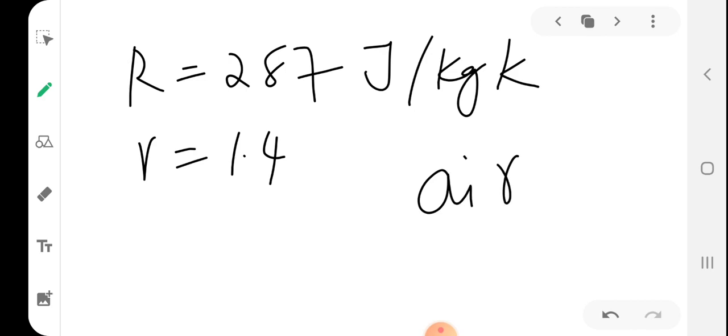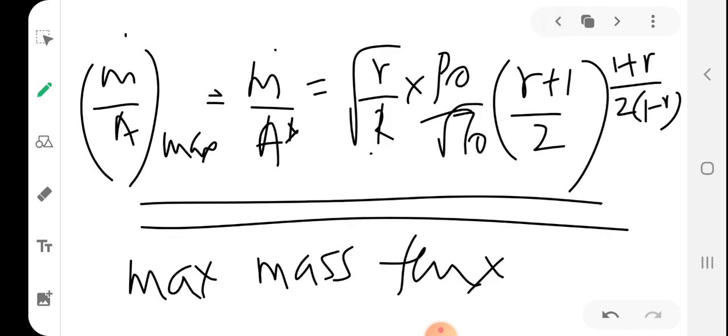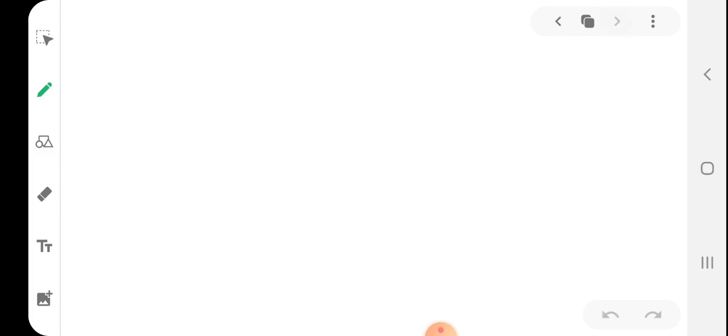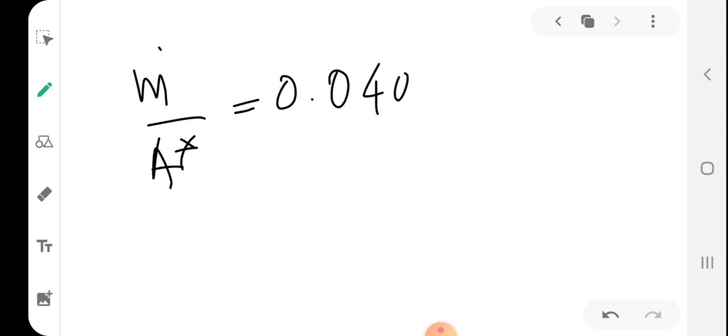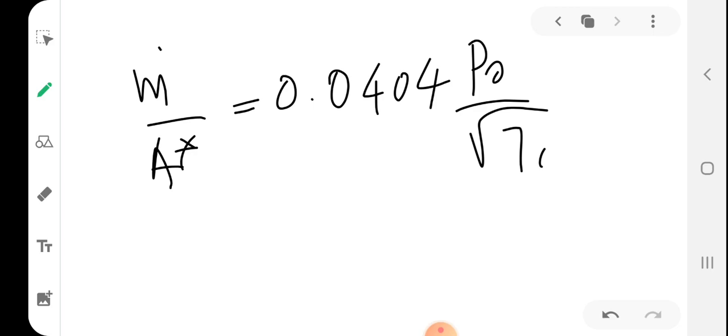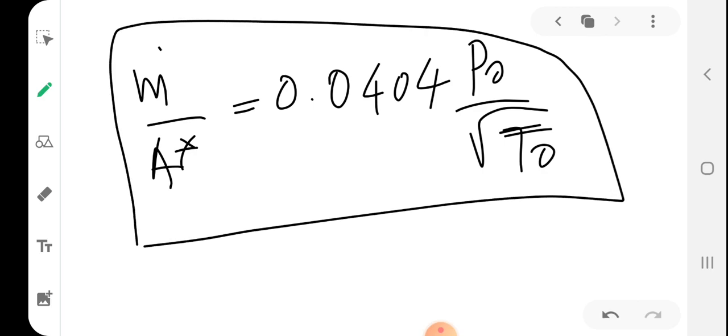If the fluid is air, you substitute those values here for R and gamma, you will get M dot by A star as 0.0404 into P0 by root T0. You don't know the value of stagnation conditions, so the equation gets reduced to this one.